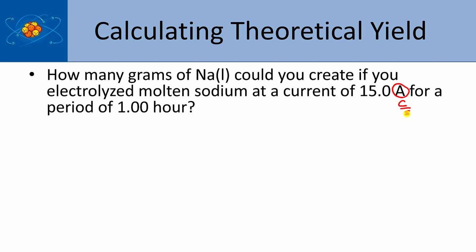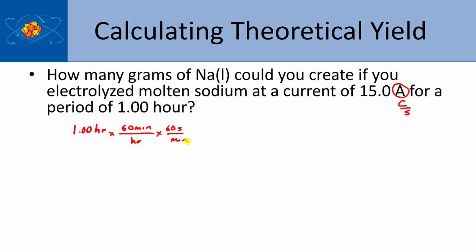So in order to do this calculation, we typically start with a time. You're going to say, I have 1 hour, and there's 60 minutes in an hour, and 60 seconds in a minute.